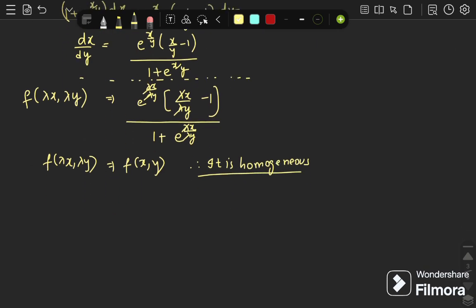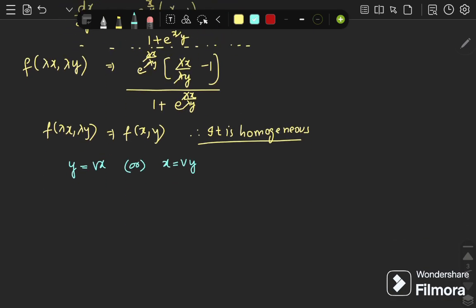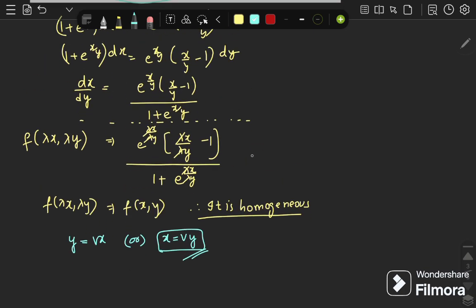Now to solve homogeneous differential equations, we are going to put either y = vx or x = vy. Now in this question, we are going to do this particular thing. Reason being, we already have x/y in the question. We have x/y here, x/y here, x/y here.